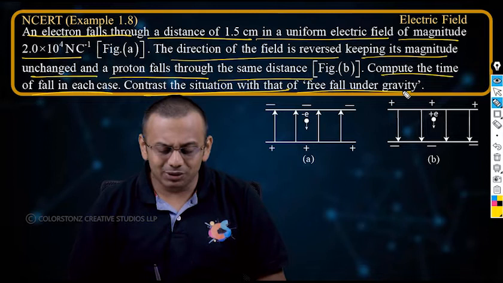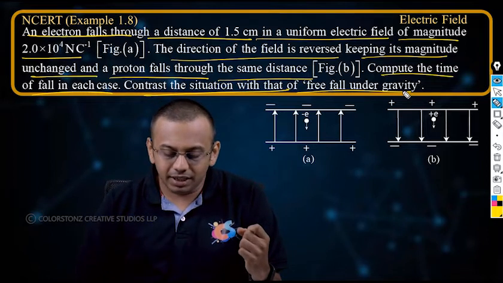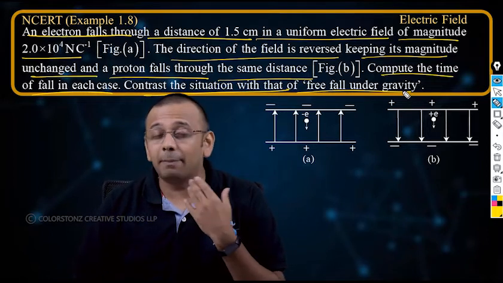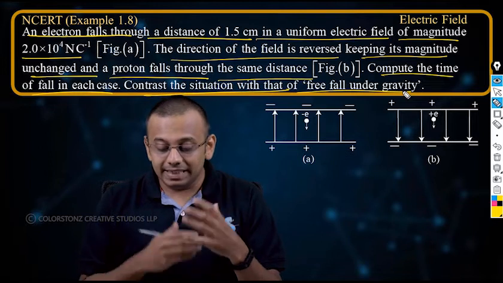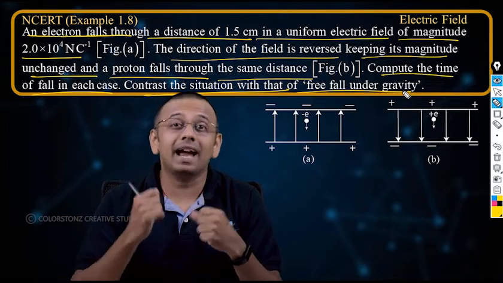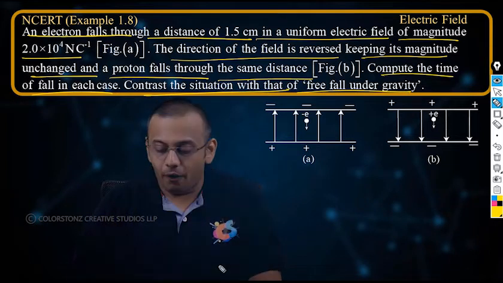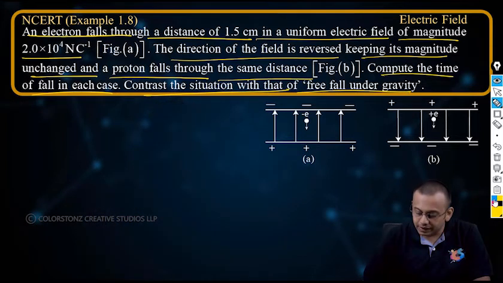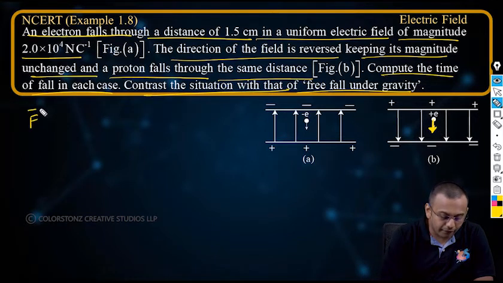All right. So now if we try to understand what is happening here, this electric field is acting like how gravity acts on particles. For the proton, this electric field is going to give a force in the downward direction itself because the proton is positively charged, and we know that F, the electrostatic force, is equal to QE.